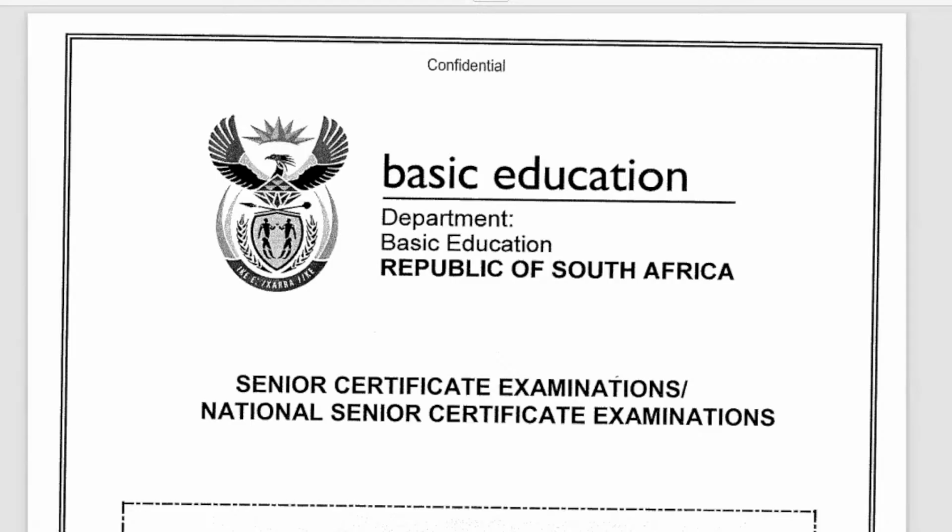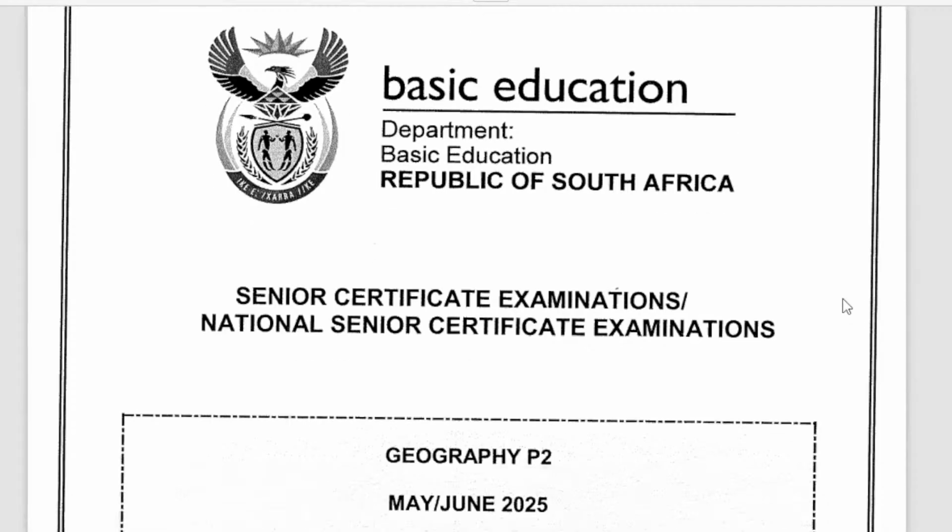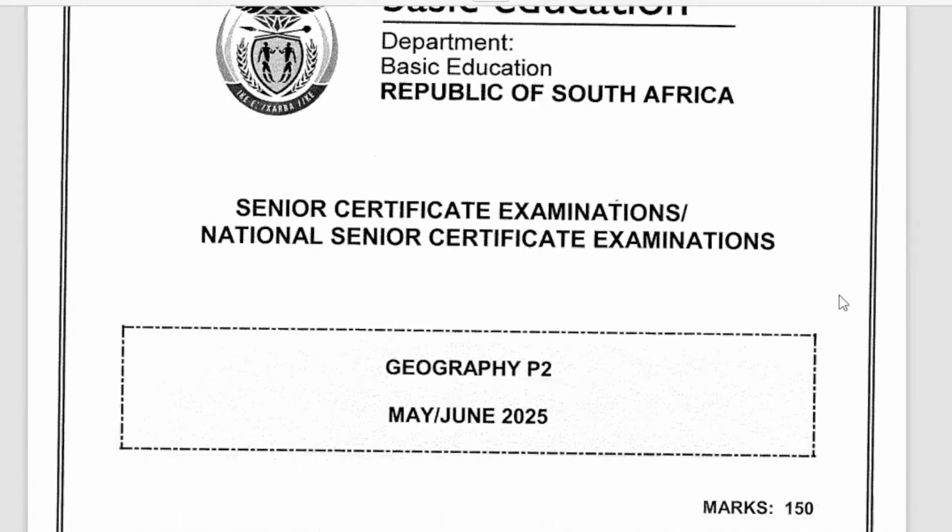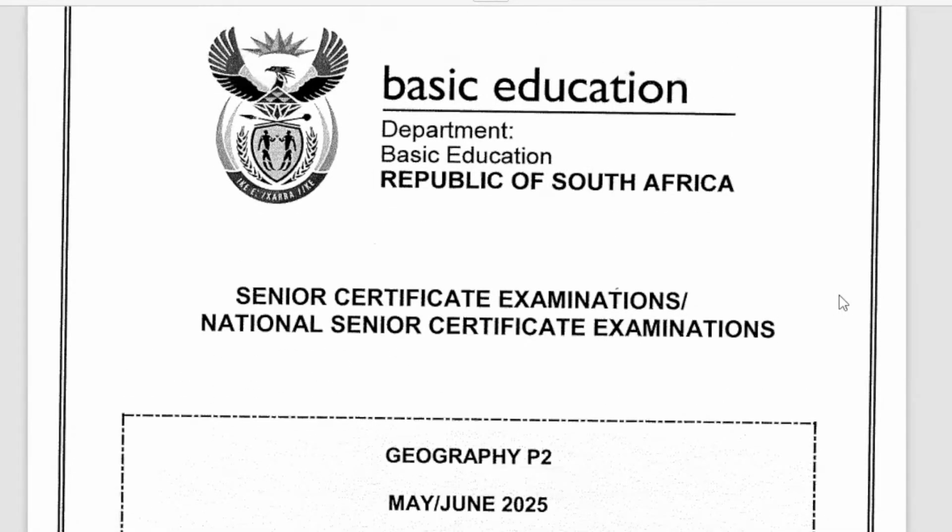Good day, learners. Welcome to the proposed memo discussion for Geography Paper 2. Right, we are going to go through the paper and try to discuss the possible responses to the given questions. We'll try to justify why we are opting for those responses as the correct responses.